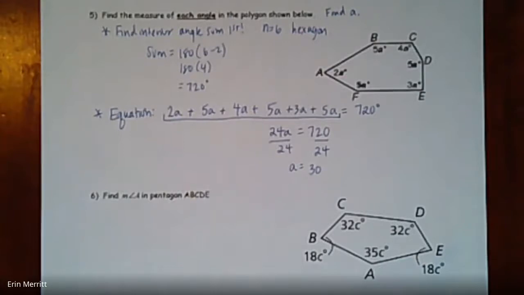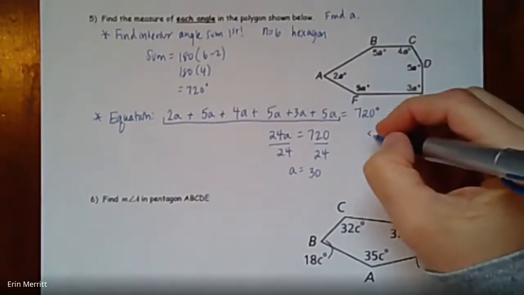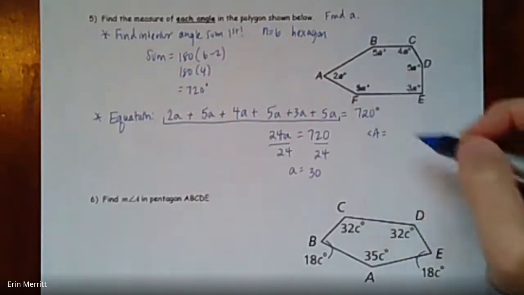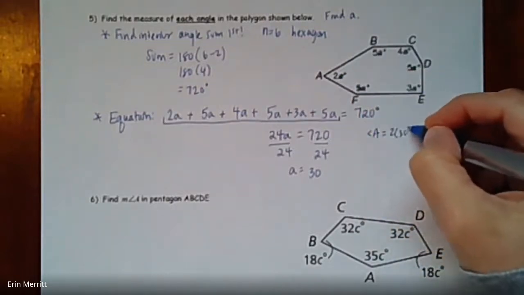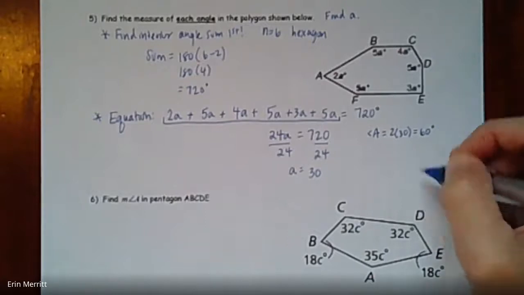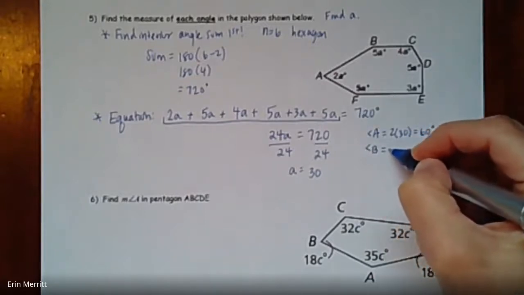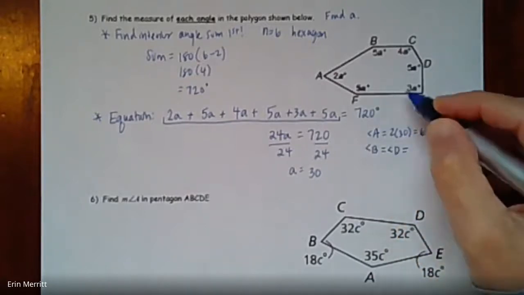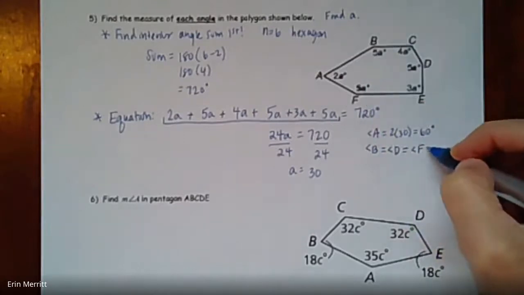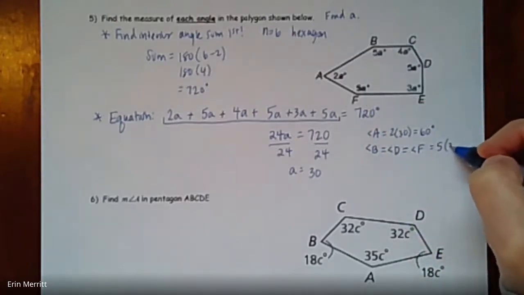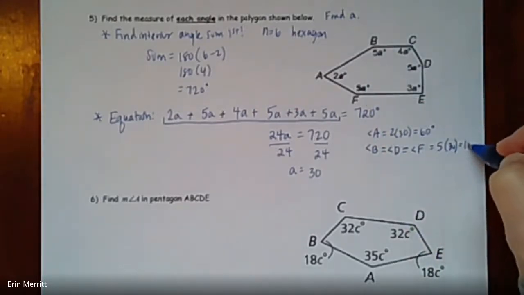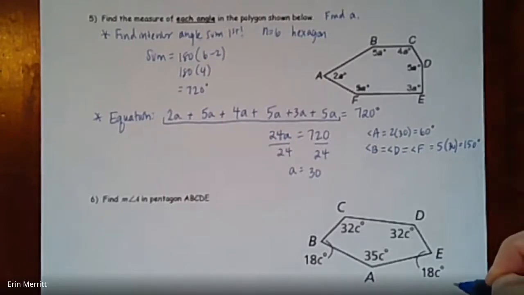Now, sometimes the question will just say find A and you're done. This one said find each angle, so you're just doing a quick plug in to finish it. Angle A was 2 times A, so 2 times 30 would give us 60. Angle B, angle D, and angle F were all 5A, so I can do that at once. Those all come out to be 150 degrees.